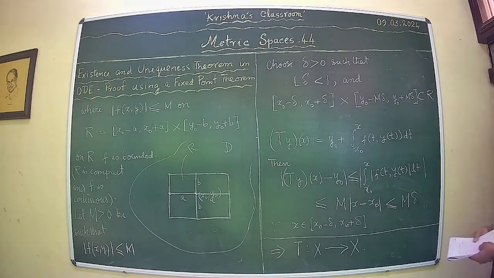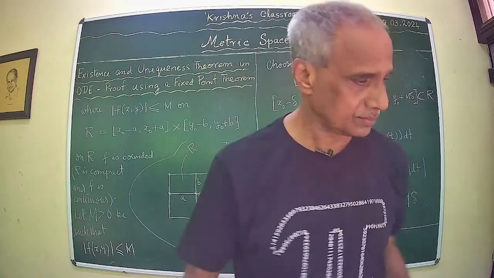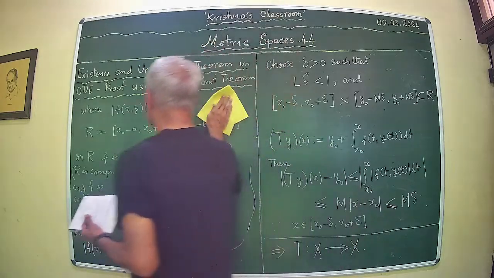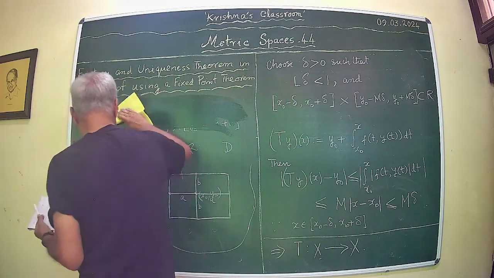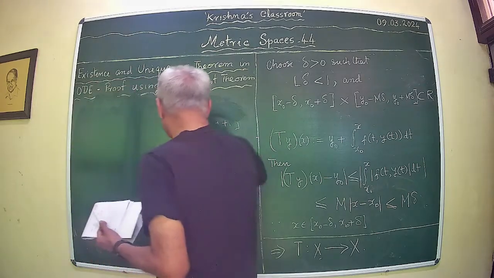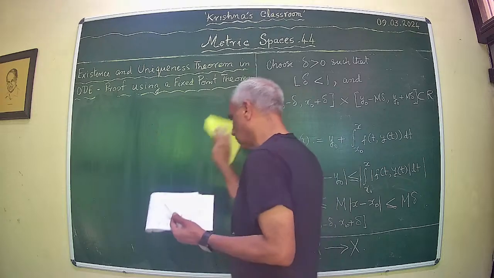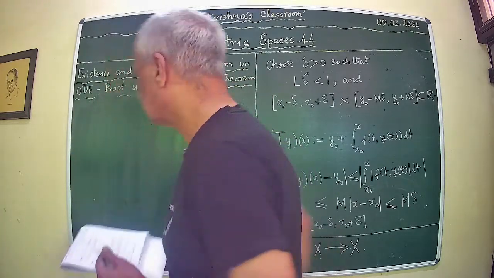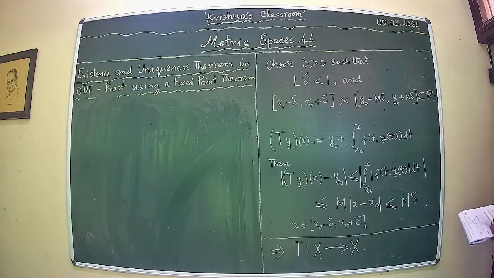Okay. So T maps X into X. Look at the definition of X, then it will be clear. And even this picture or this figure should enlighten you on this aspect. Because a lot of things have to be put together, and you see that this is less than M delta.